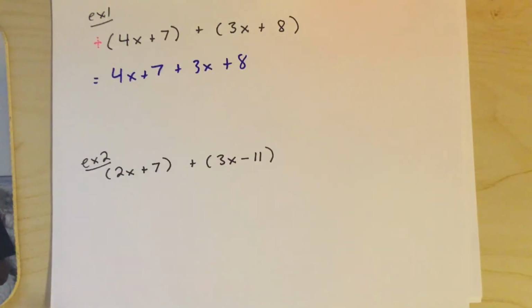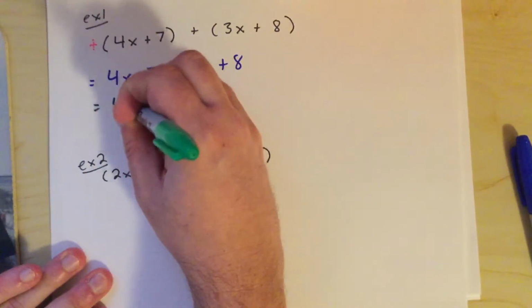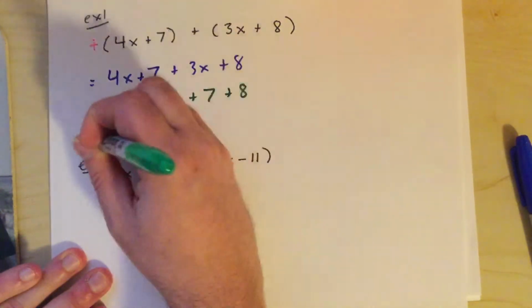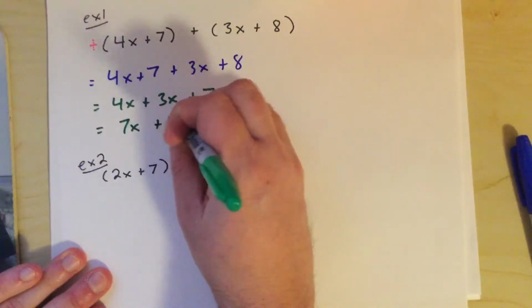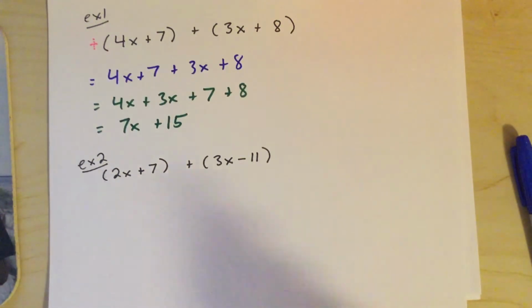That's the getting rid of the bracket step. The next step is you put the like terms together. So that's 4x plus 3x plus 7 plus 8, which is 7x plus 15.